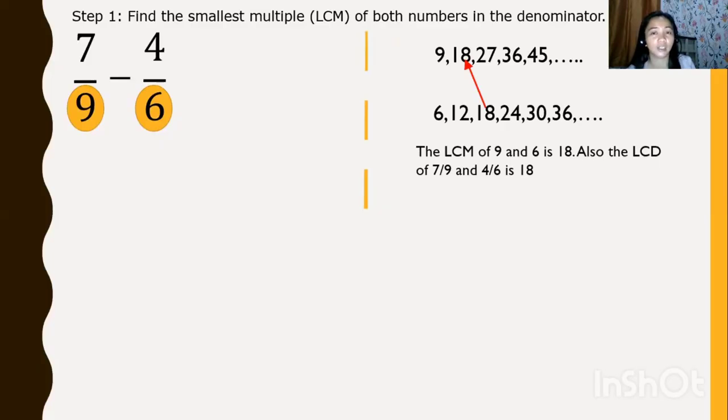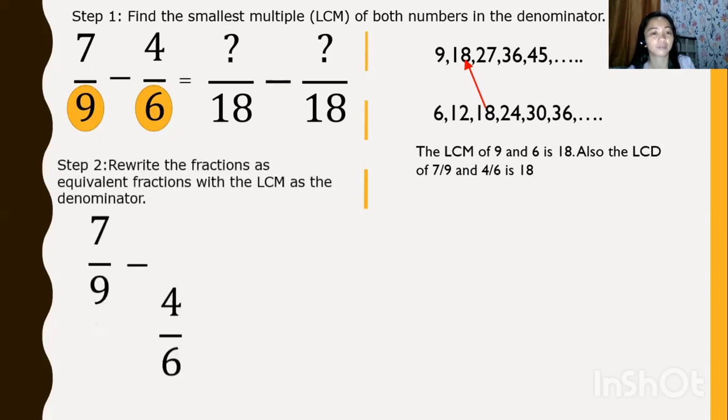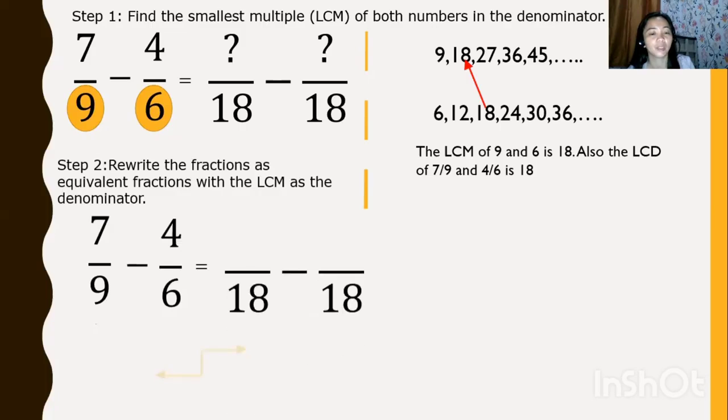Since we have the LCD, let us rewrite the fractions into similar or equivalent fractions. We have 18 divided by 9 is 2, times 7 is 14.